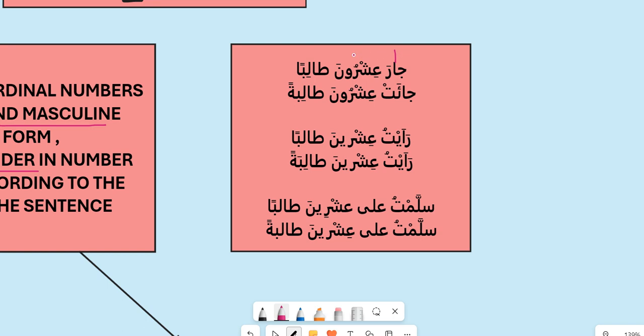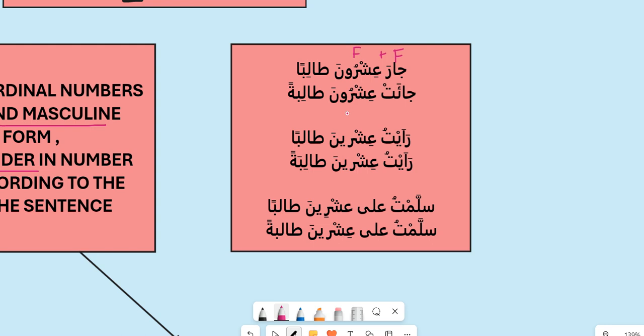And leave the tamiz; we are just following fail and file. Ja'a Ishruna Taliban means 20 students came. Ja'at, I have given the feminine version also. Ja'at Ishruna, no gender change in Ishrun, talibatan. So this is feminine, and now you just have to follow the same: fail plus file.